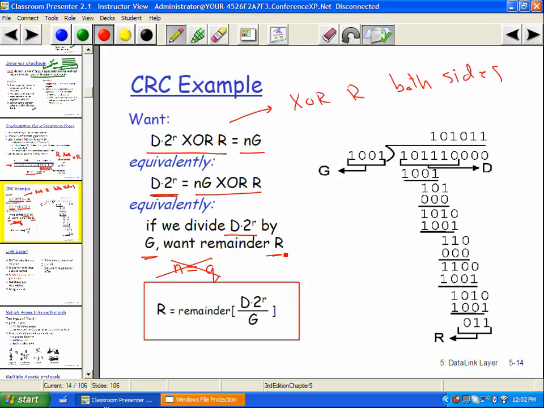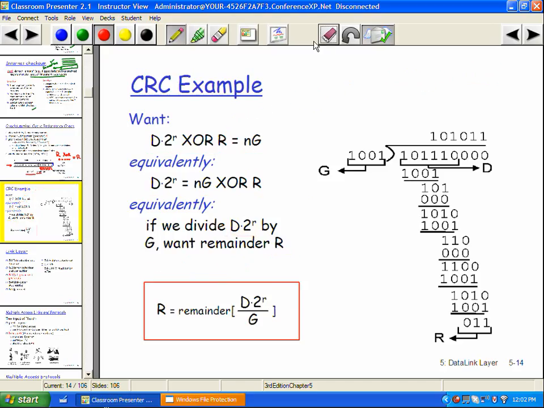Okay. So if nothing else, just remember this, that if you are given a number D and the G, then you want to find the R. This is the CRC. You divide D times 2 to the power R, basically D shifted R bits, by G, and the remainder is your CRC. Okay.